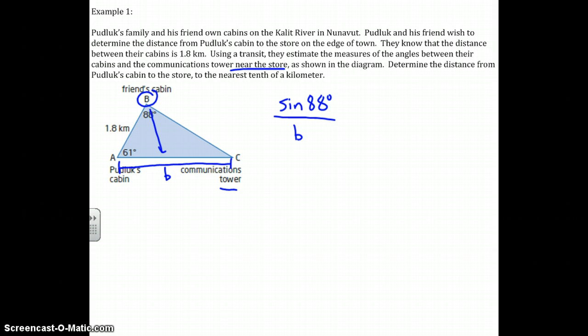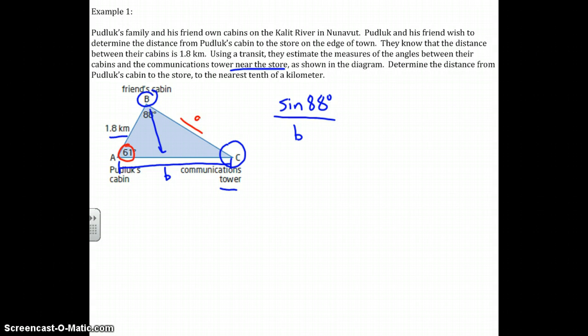Okay, so that's the essential idea to sine law, is writing an opposite angle over top of the side across from it. Well, looking at this, the only other information we know are this side here, but we don't know this angle C, and then there is this angle here, but we don't know this side here, side A.